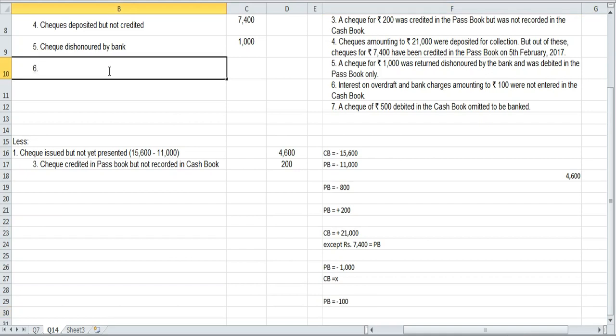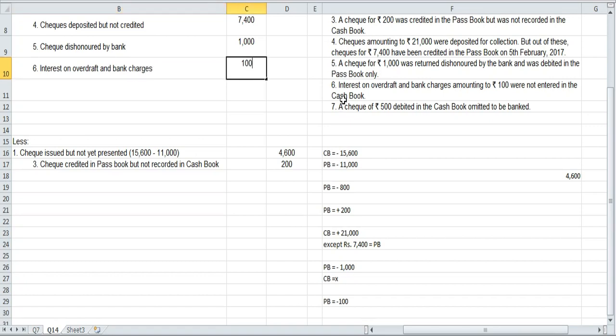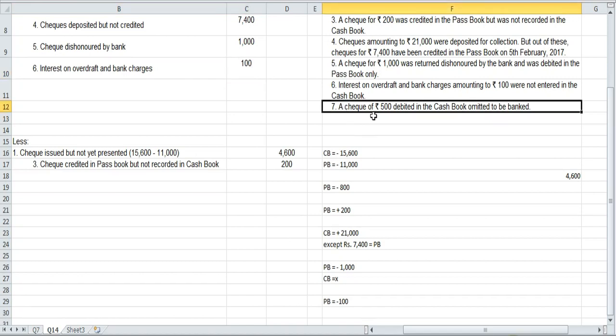So number 6, interest on overdraft and bank charges, 100.